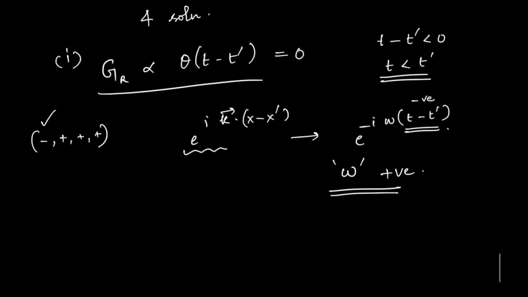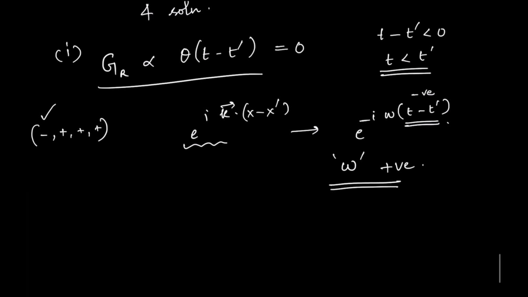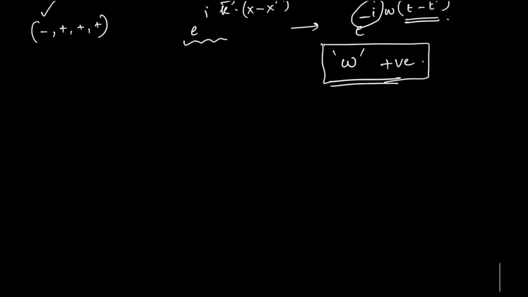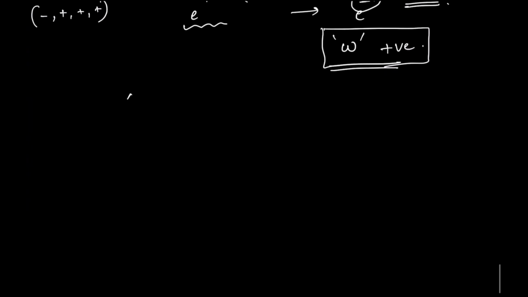So for GR, t must be less than t prime, which means t minus t prime will be negative. Already there is a negative outside. So for exponential decay to happen, omega has to be positive, which means the contour must be closed in the upper half plane. Then the solution corresponding to GR: here you have a singularity, and here you have a singularity.